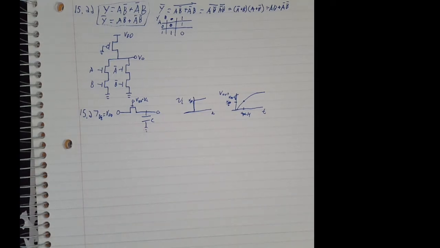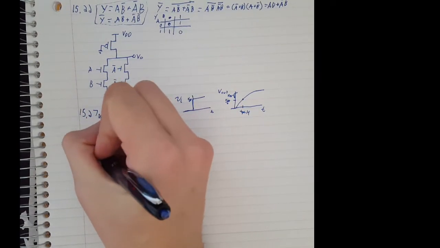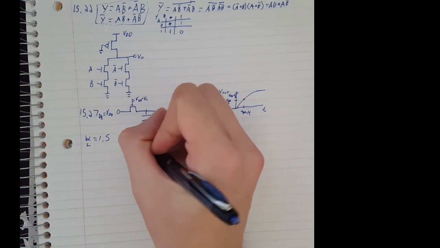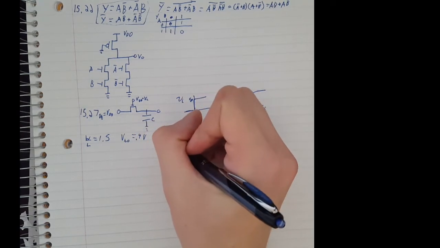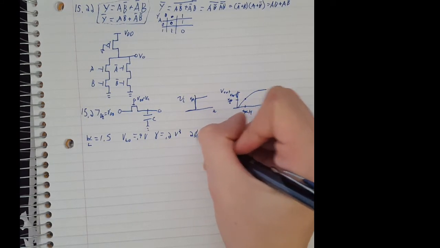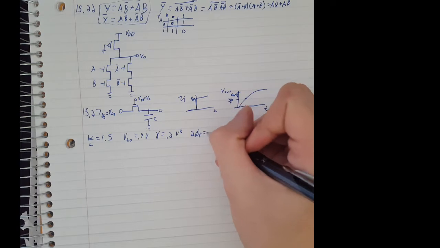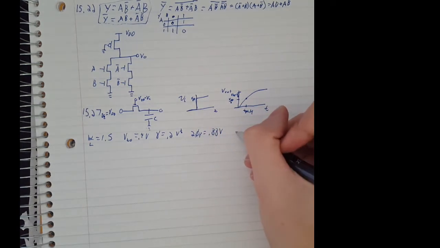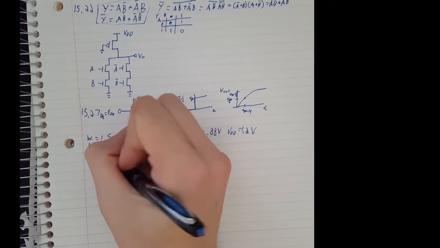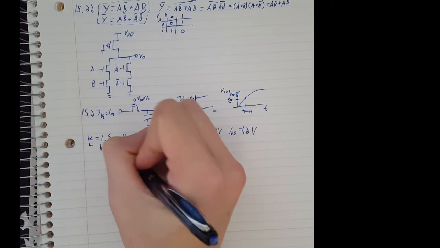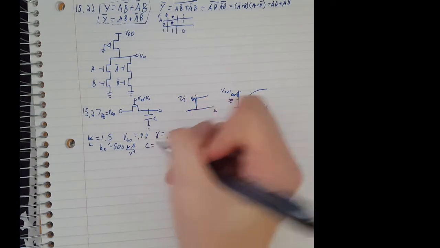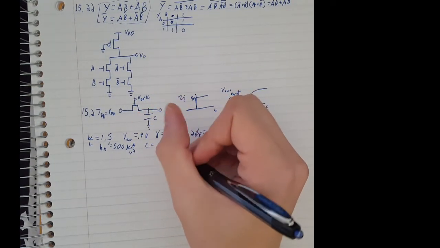for this figure, and we have given that W over L equals 1.5, VT naught equals 0.4 volts, gamma equals 0.2 volts to the 1/2, 2 phi F equals 0.88 volts, VDD equals 1.2 volts, and Kn prime equals 500 microamps per volt squared, as well as C equals 10 femtofarads.